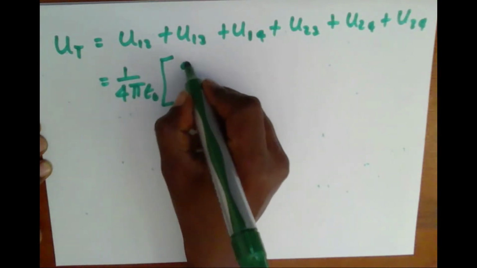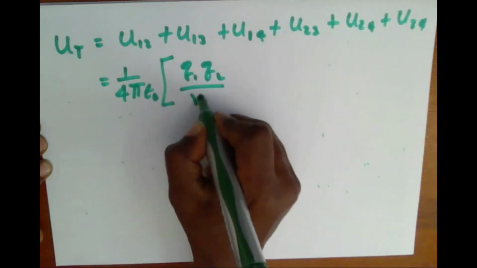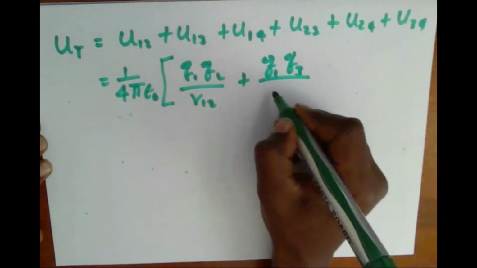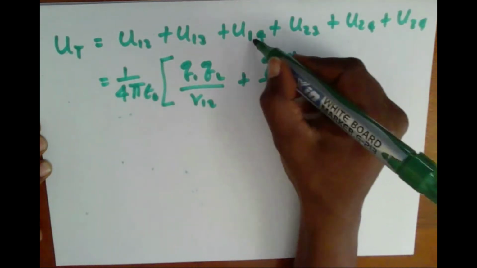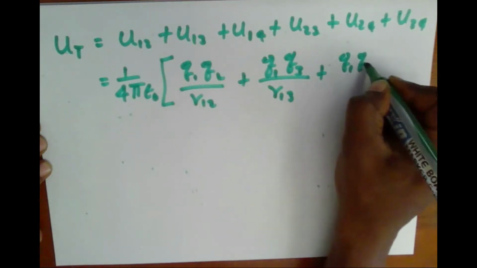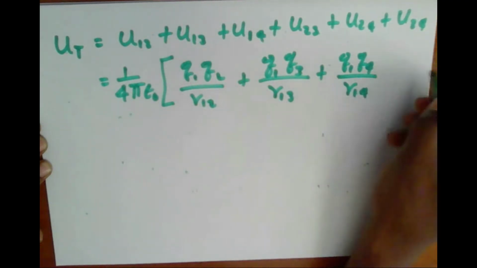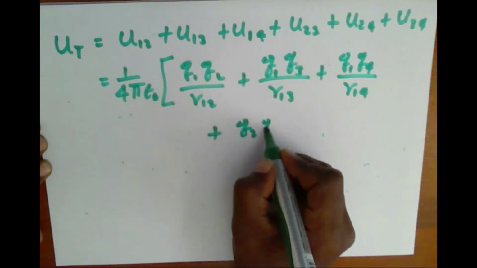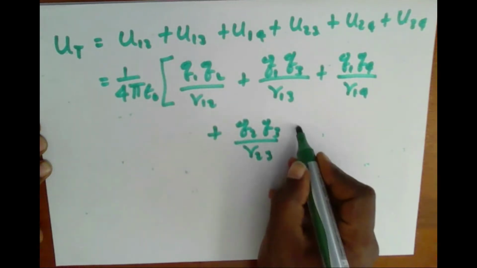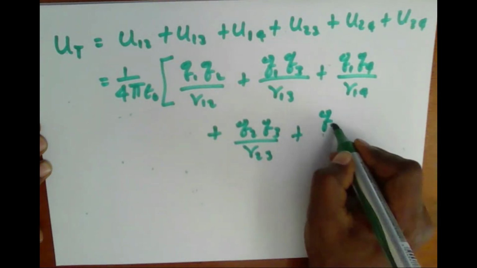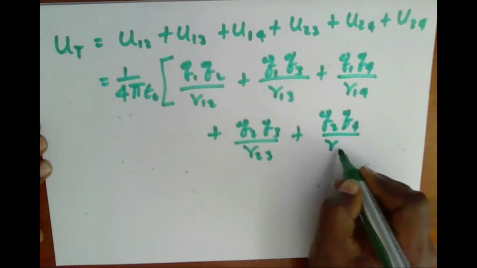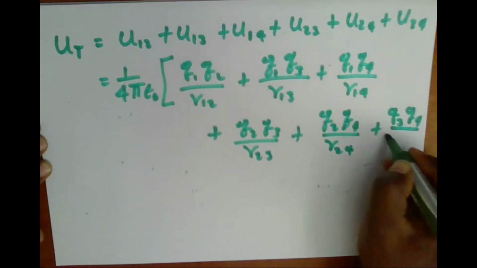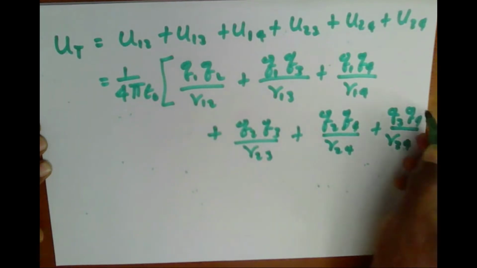Therefore, for this one we have Q1 Q2 over R12 plus Q1 Q3 over R13 plus Q1 Q4 over R14, then plus Q2 Q3 over R23, plus Q2 Q4 over R24, plus Q3 Q4 over R34.